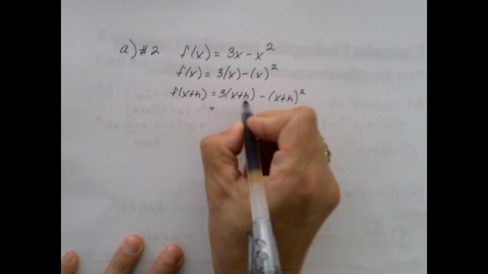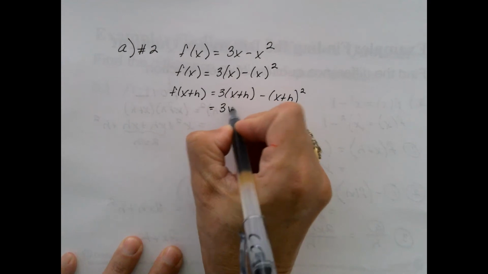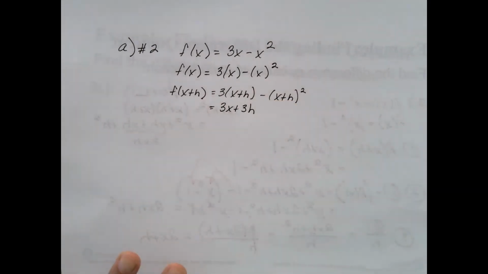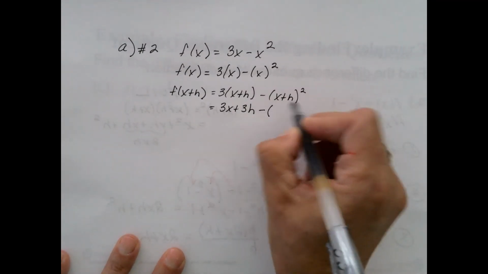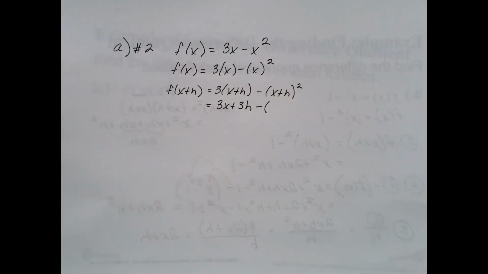So the 3 distributes through to the x and the h to give me 3x plus 3h. And then minus what I get when I use foil here: x plus h squared. You're going to probably have an x plus h squared in your problem on the quiz on Wednesday. That's x squared plus 2xh plus h squared every single time.